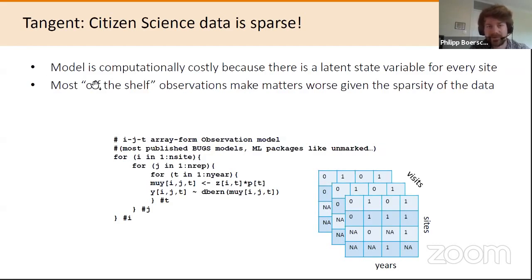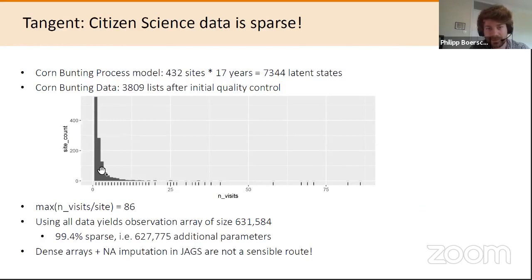And so this is a visit distribution. You can see most sites are only visited once, some are visited very often. And if we were to put this into one of these dense arrays, we get a huge array that is over 99% sparse. And so these dense arrays just blow up memory. NA imputation in JAGS makes it even worse. You have all those parameters, no information on them.